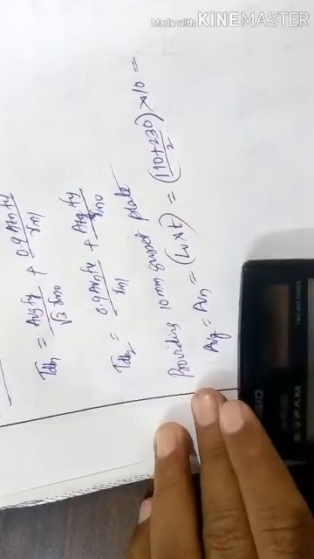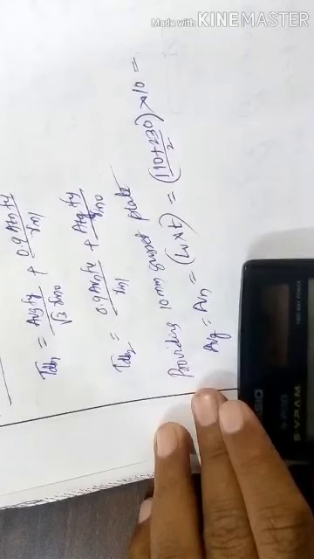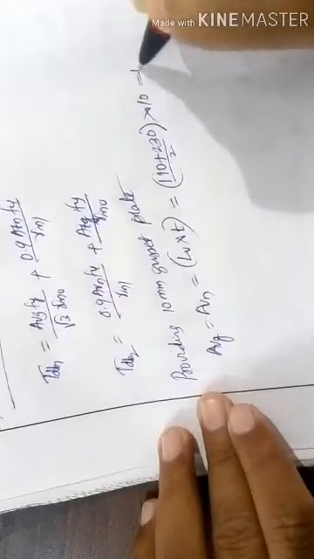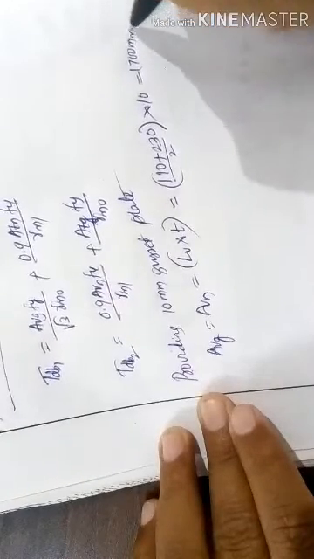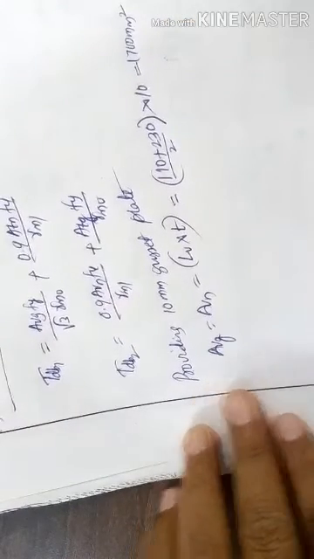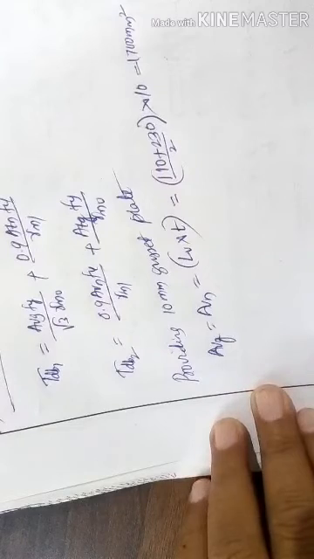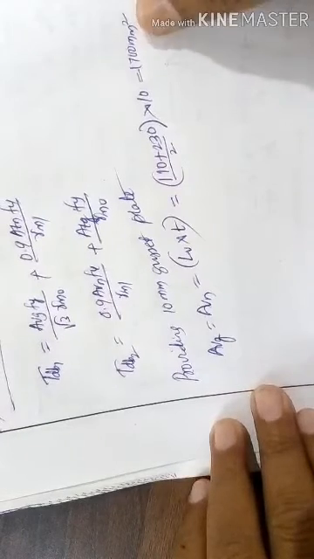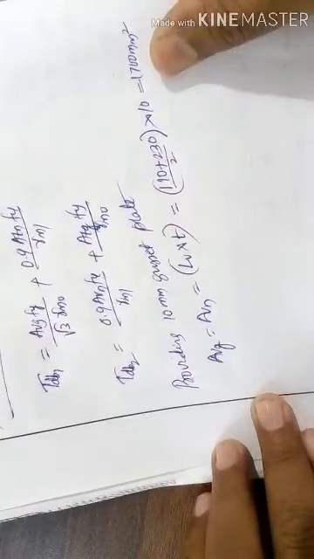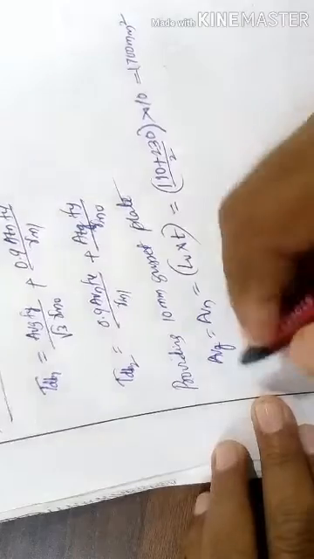So you will get 1700 mm square, the average shear length LV to be taken.